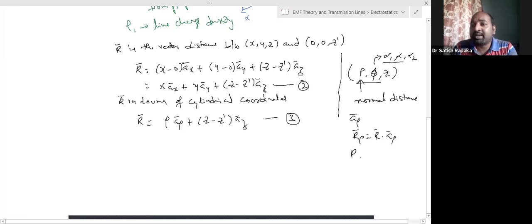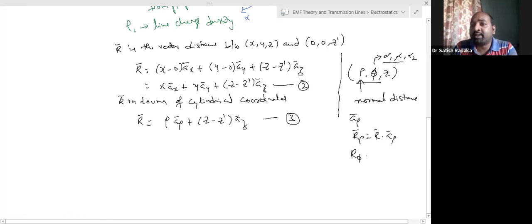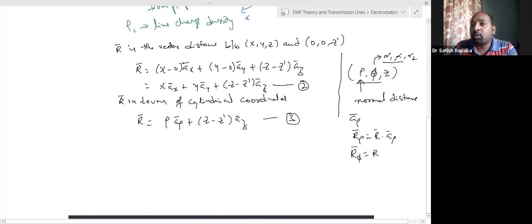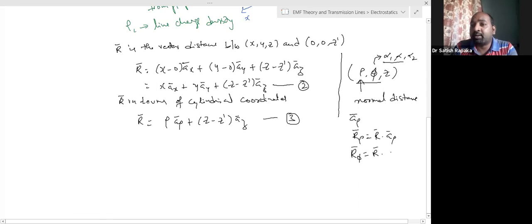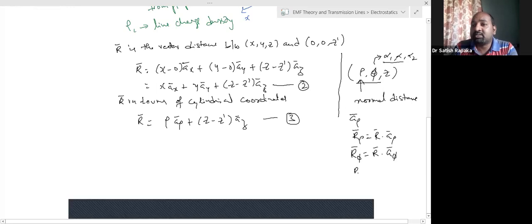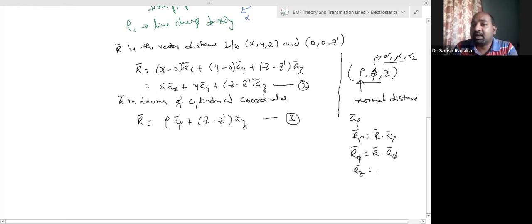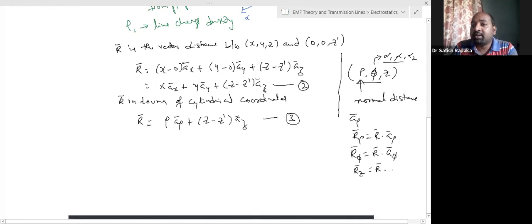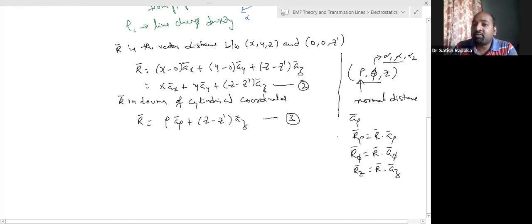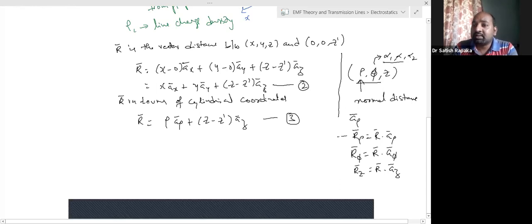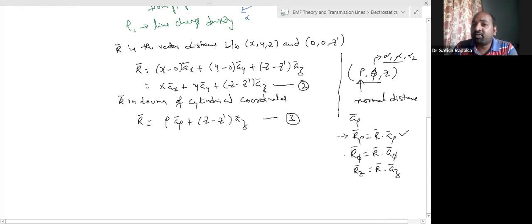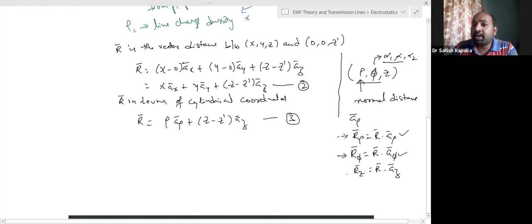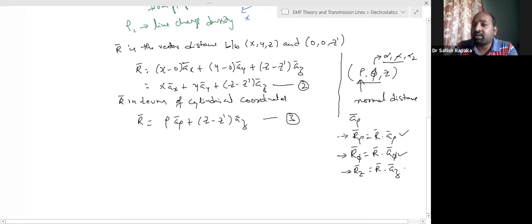And you can get the phi component by dot producting with a phi bar. And the z component is R bar dot a z bar, right? Like this. So the rho component of R is this one, the phi component of R is this one, and the z component of R is this one.